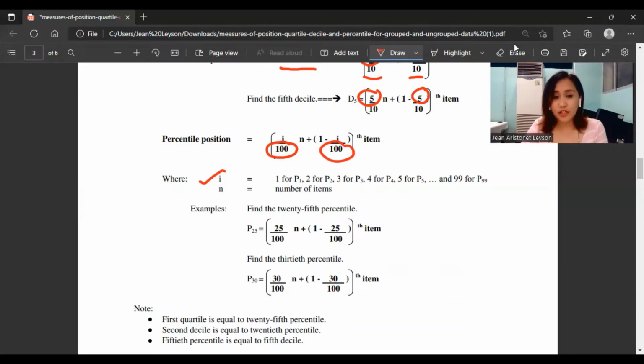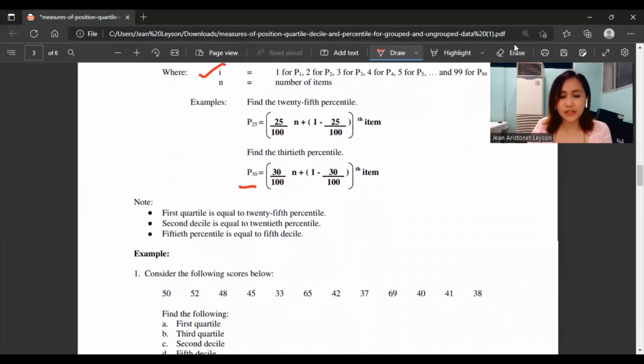Suppose we are solving for the 25th percentile, that's P sub 25. So we have 25 over 100. Okay? If we are solving for P sub 30, or the 30th percentile, that's simply 30 over 100. Okay? Take note of the following. The first quartile is equal to the 25th percentile.